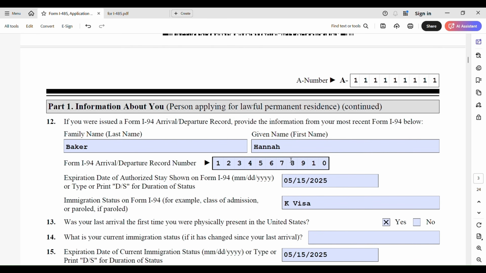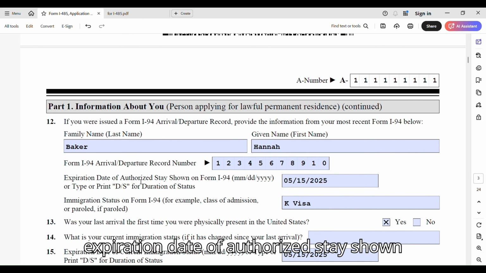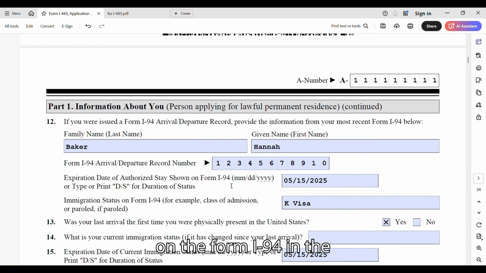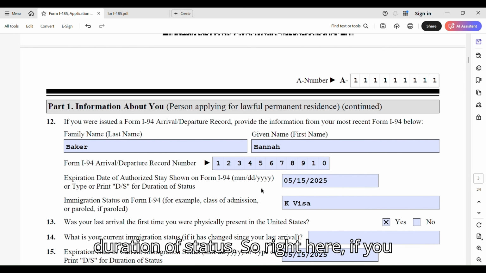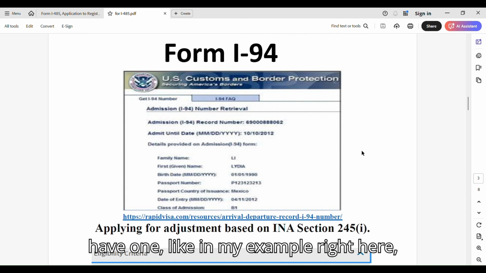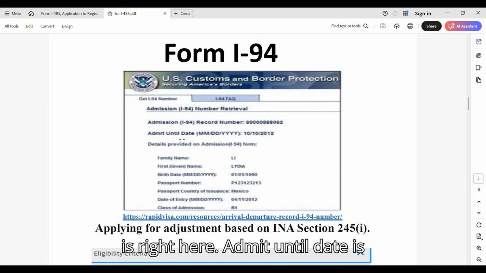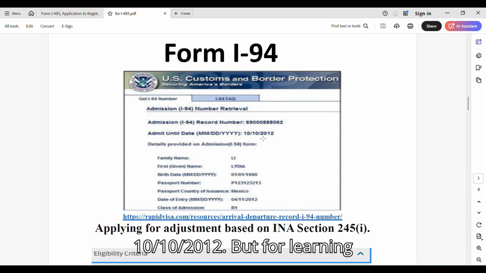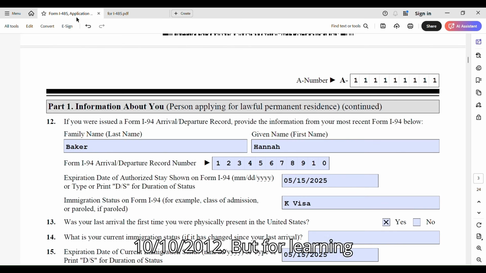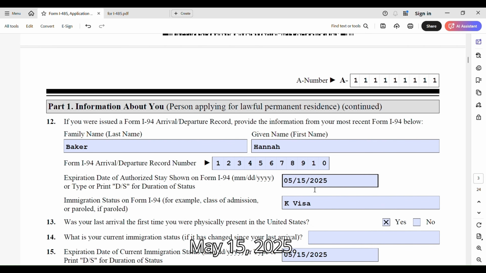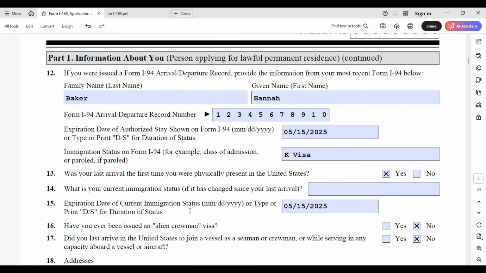That's the record number. Expiration date of authorized stay shown on the Form I-94, in the format month, day, and year, or type or print D/S for duration of status. So right here, if you have one, like in my example, it is right here. Admit until date is 10/10/2012. But for learning purposes, I put May the 15th, 2025.